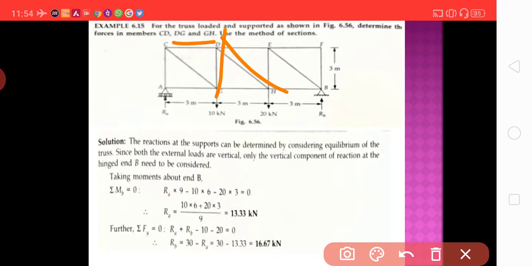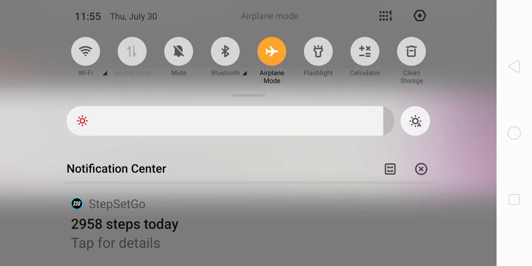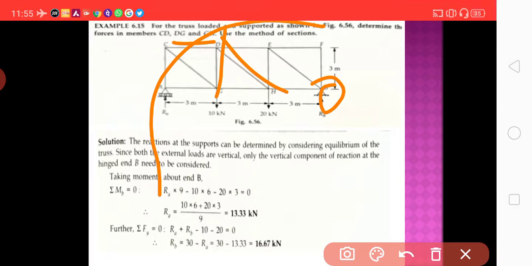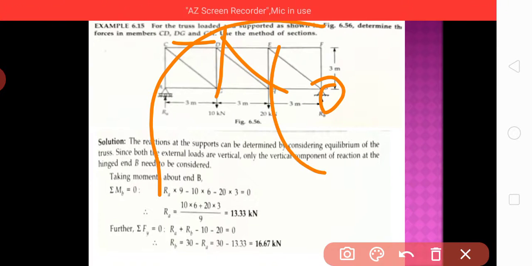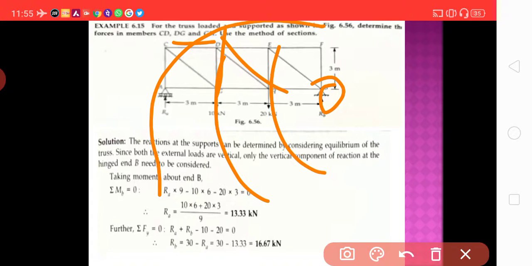First of all, find the support reactions at A and B. By the usual method, taking moment about B, we find RA into 9 minus 10 into 6 minus 20 into 3. RA is giving a clockwise moment, and the loads give anticlockwise moments.